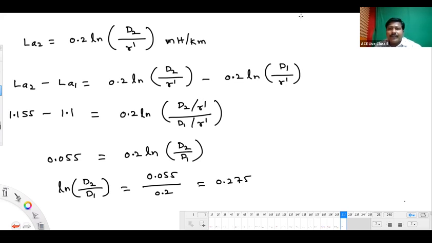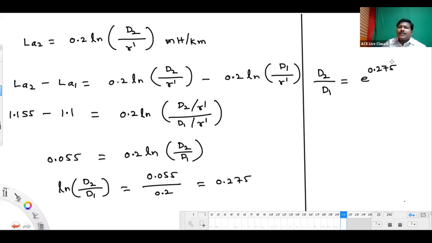How much is D2 by D1? D2 by D1 is equal to e power 0.275. And how much is the value of D2 now? D1 into e power 0.275, which will be, I think, 1.316 times D1.